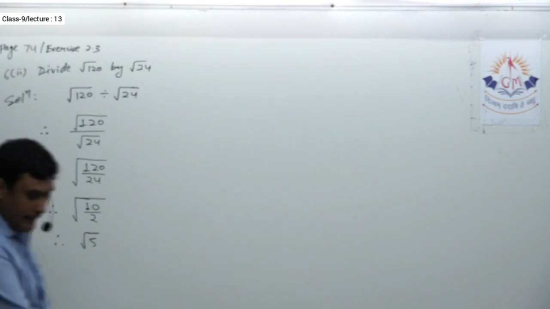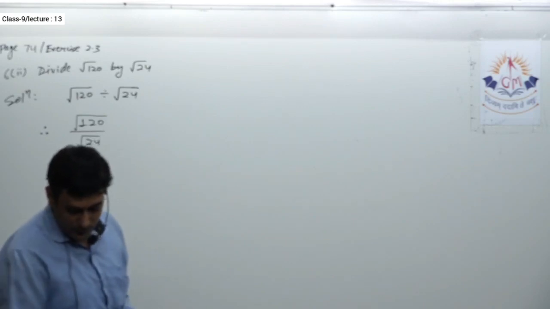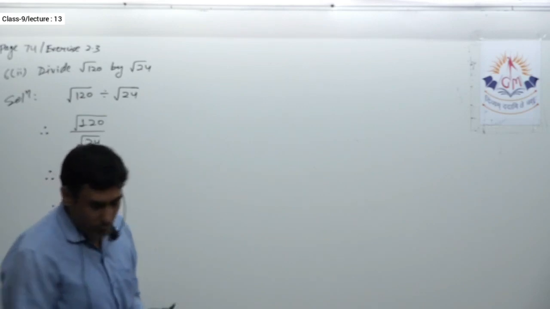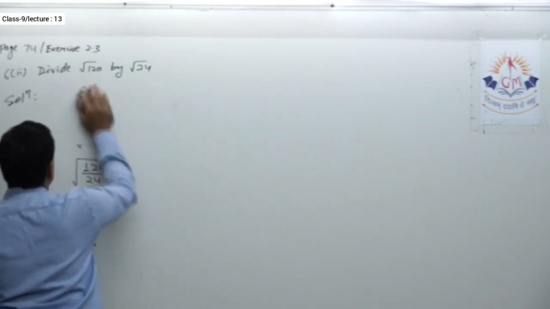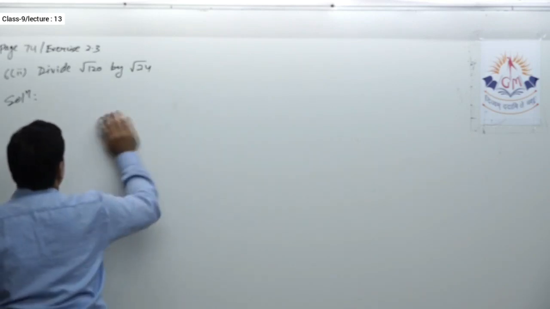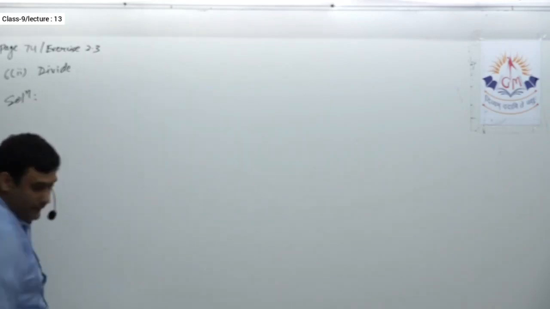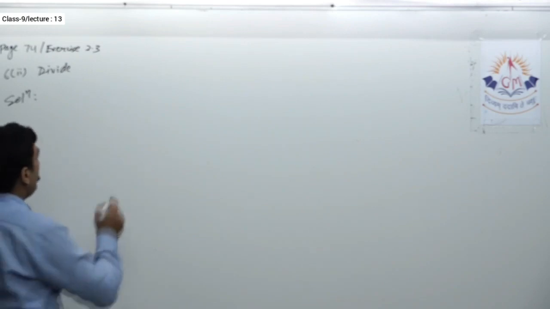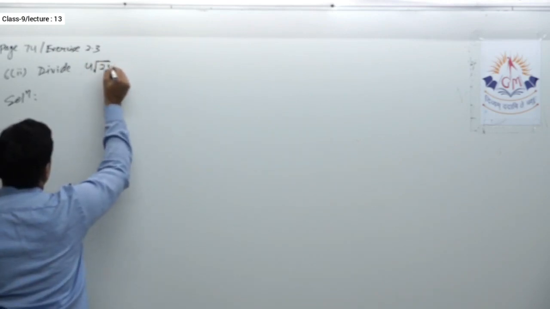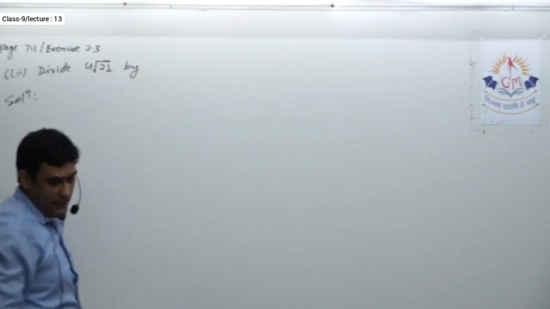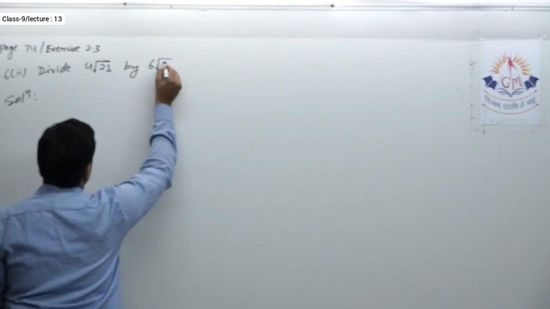Okay, now next we will see one more question from this, that is the third one: 4 root 21 upon 6 root 20. We have to divide 4 root 21 by 6 root 20.